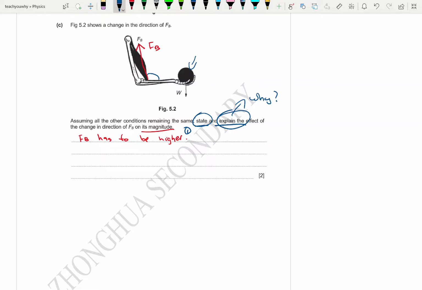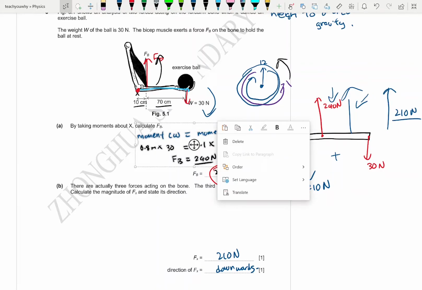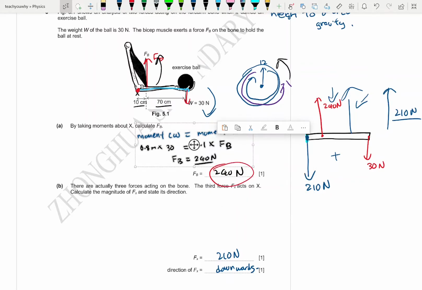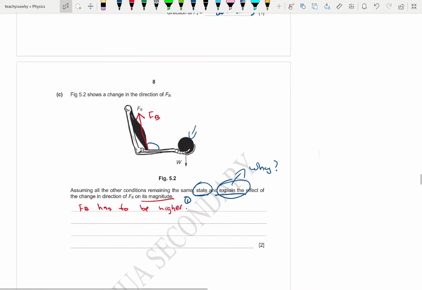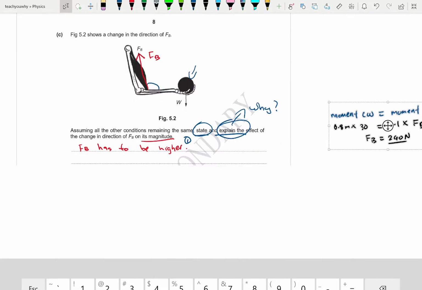So let me use this equation to explain. Not to explain to the examiner, but to explain to you guys. Copy, paste.